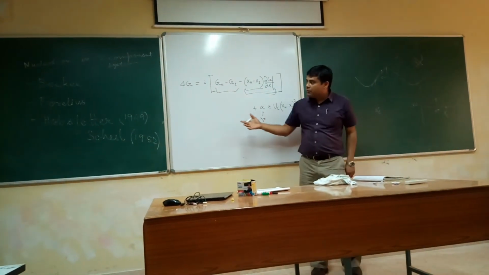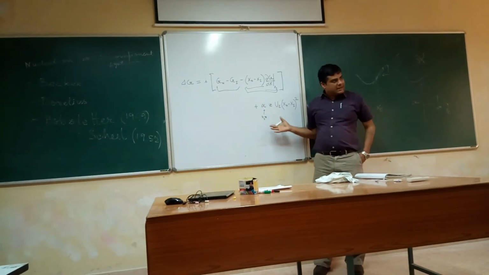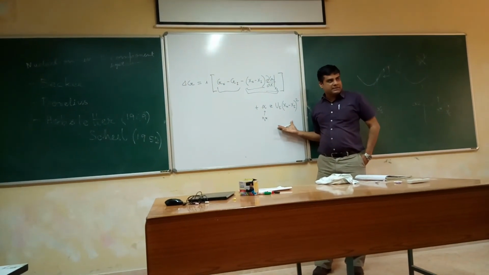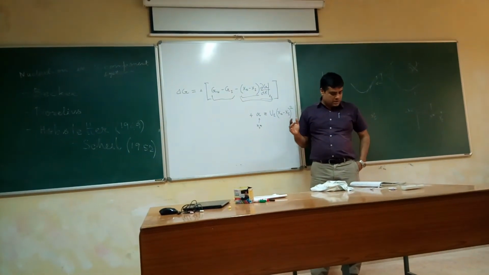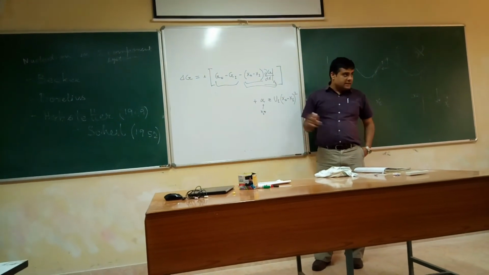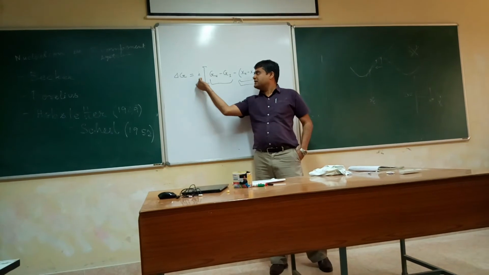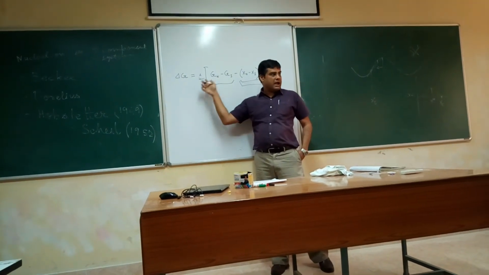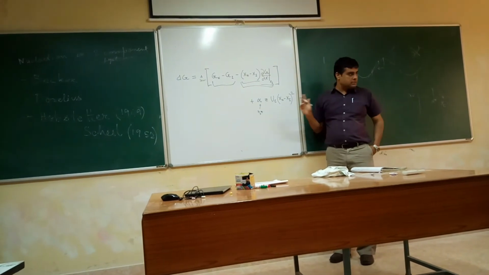But Hofstadter and Seil did not ignore gamma. They kept the form of this interfacial energy. Xn is a variable, and so delta G is a function of the size. Size is being taken care of by the number of atoms in the embryo, I, and also the composition Xn.